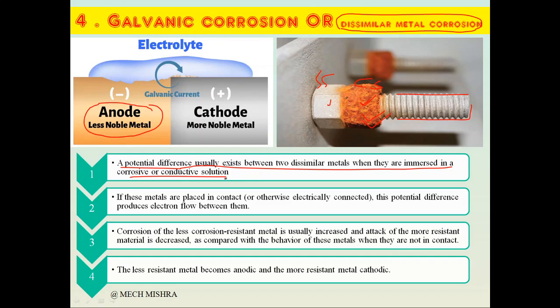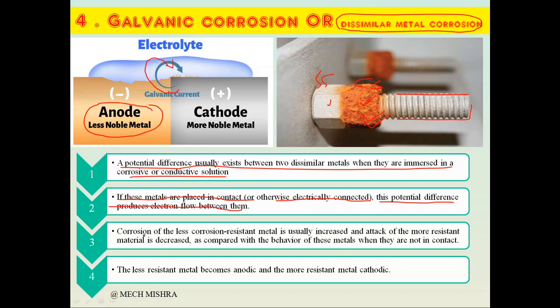So when they come in contact in a medium, a potential difference will exist that will initiate the electron flow. If these metals are placed in contact, or otherwise electrically connected, the potential difference produces electron flow between them.